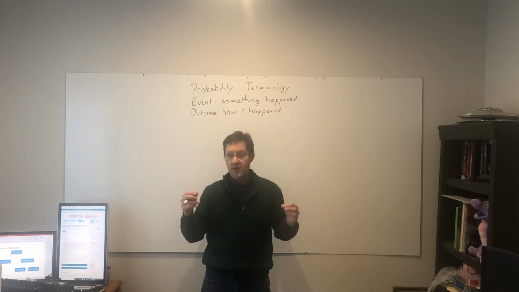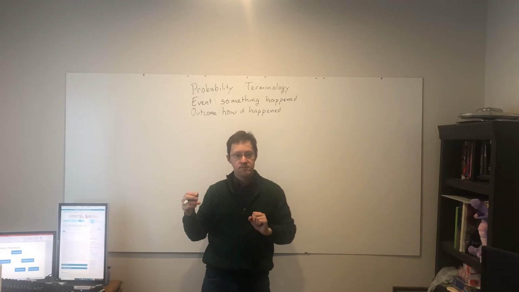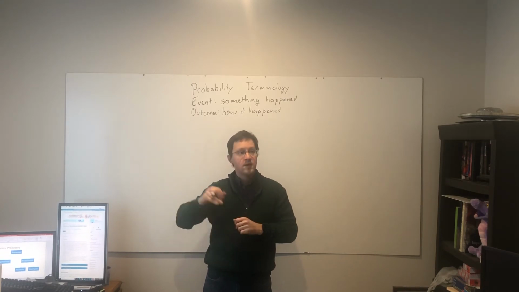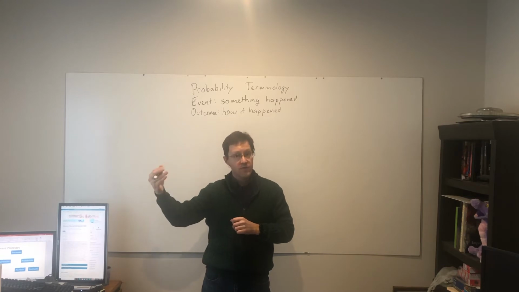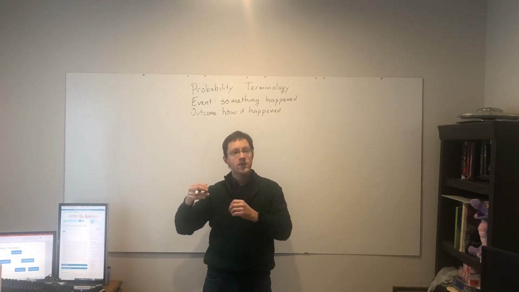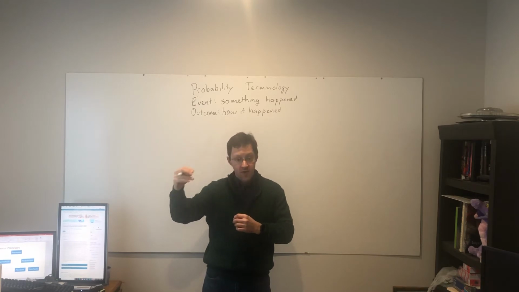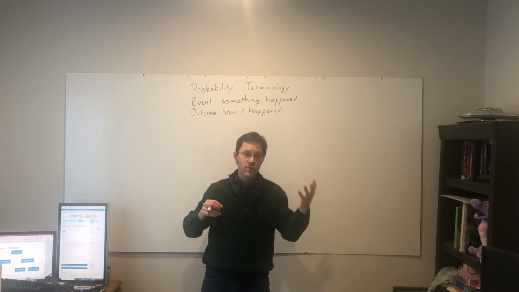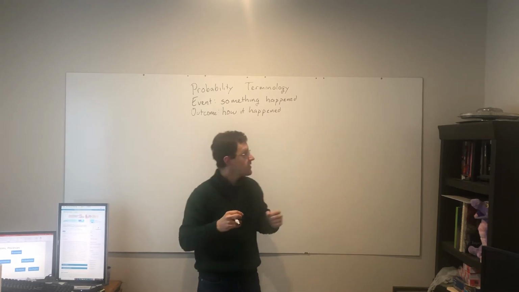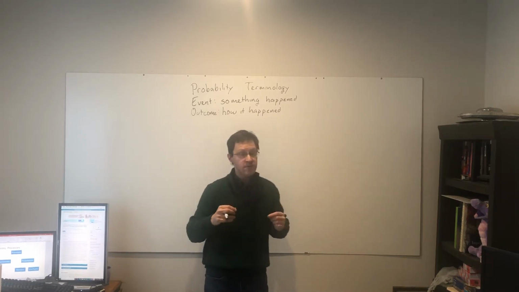So we could say somebody votes. That is an event. The likelihood that that person, whether we've talked to them or not, is a voter for one party or a voter for the other party or a third party entirely is how it happened.